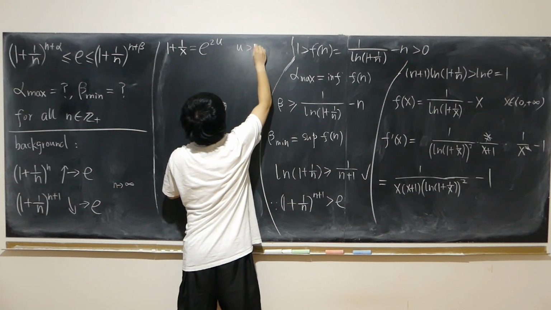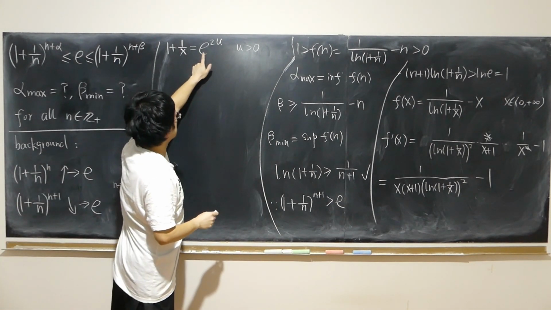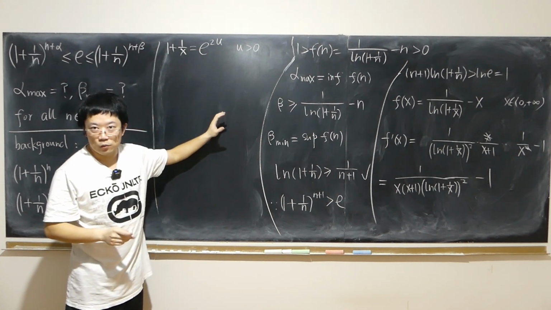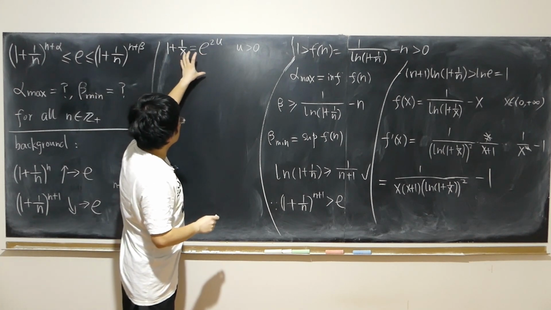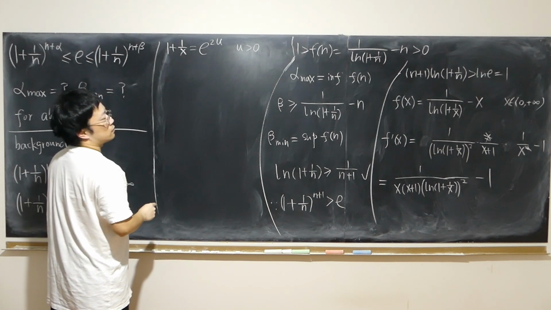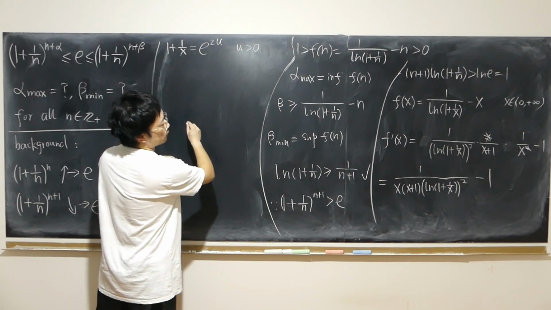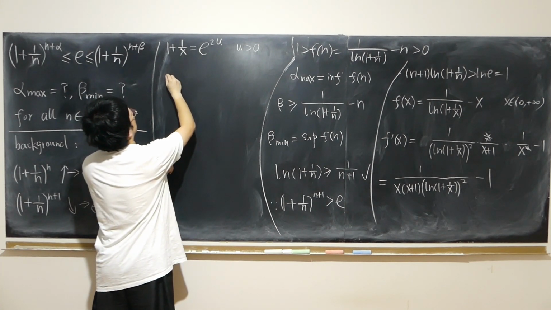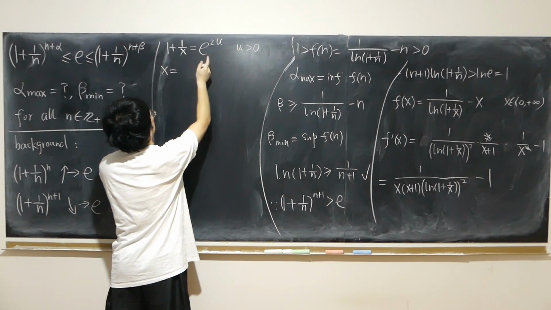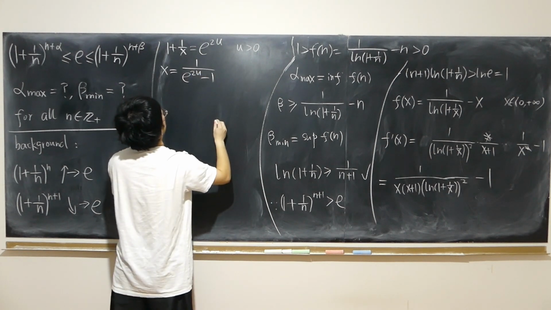Why don't I use substitution e to the u straight away? The reason is because I tried, but it didn't work out. Turns out e to the 2u is the more suitable one, because it will give us something nice. So now I can easily work out x: minus 1 on both sides, take a reciprocal, 1 over e to the 2u minus 1.